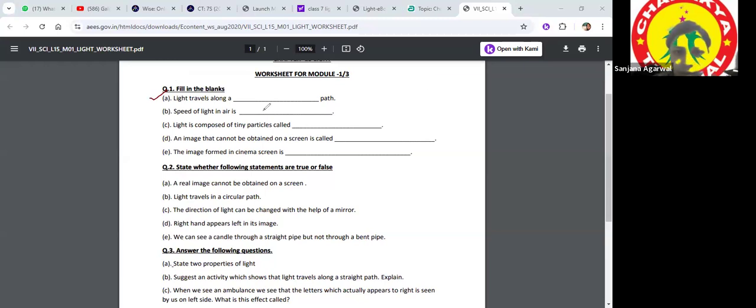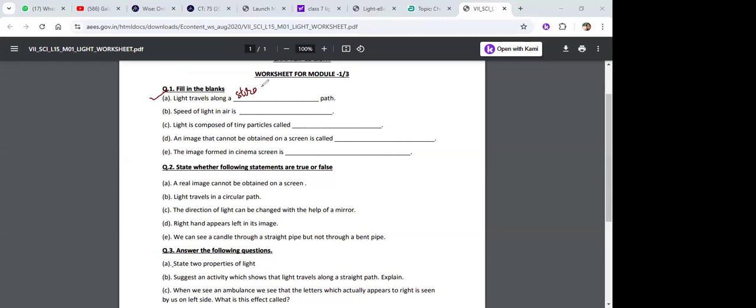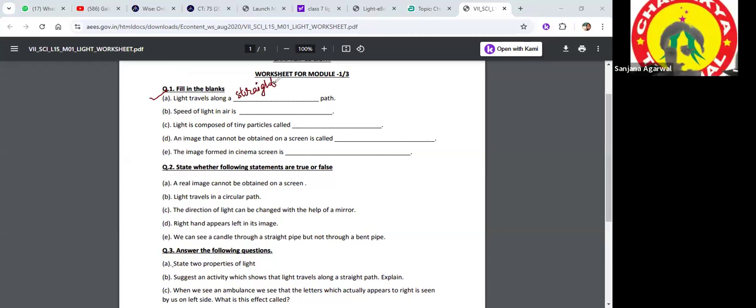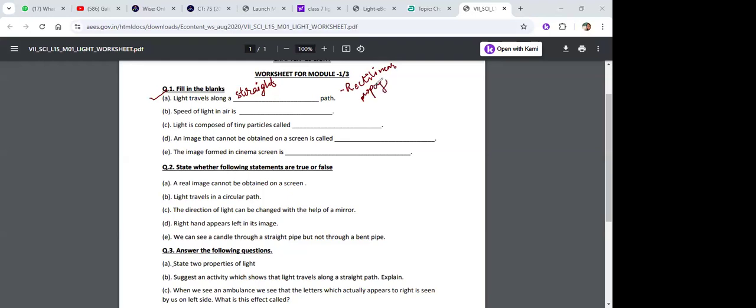Ma'am, light travels in a straight line. And this property of light is known as? What is the property of traveling in a straight line always known as? Ma'am, rectilinear propagation of light.